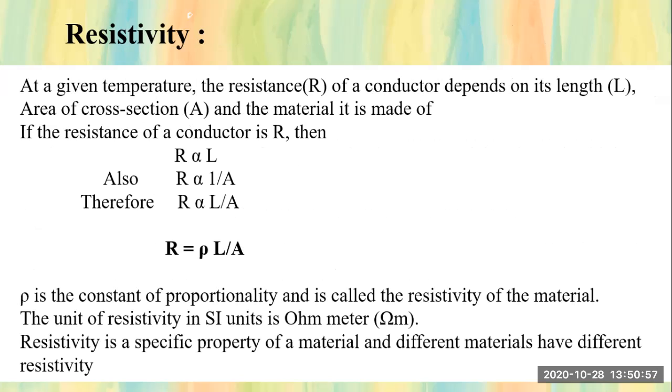What is resistivity? Resistance we have learned. Now we will learn about resistivity. Now see, at a given temperature, the resistance R of a conductor depends on its length, cross-section area, and the material it is made up of.